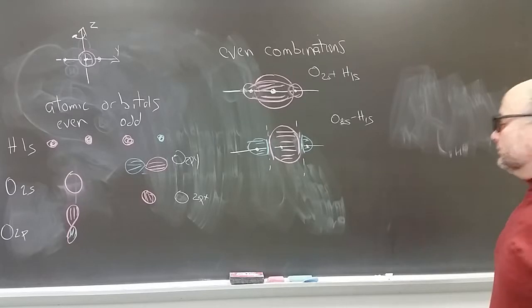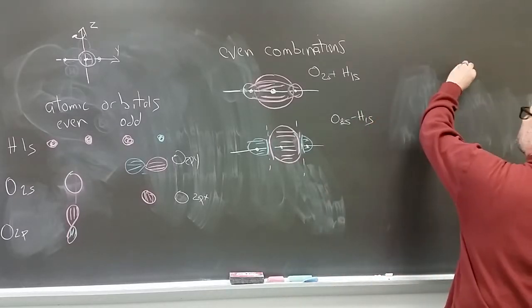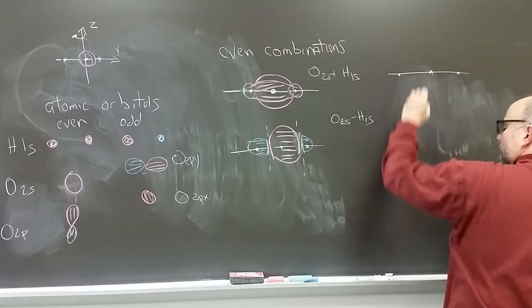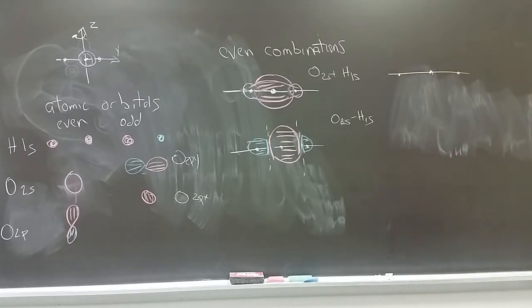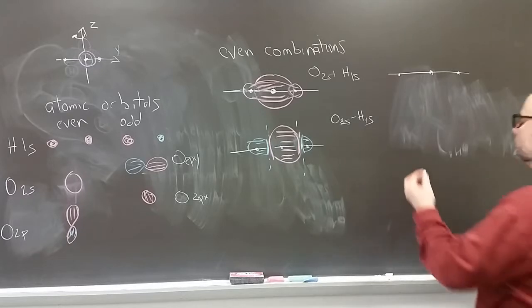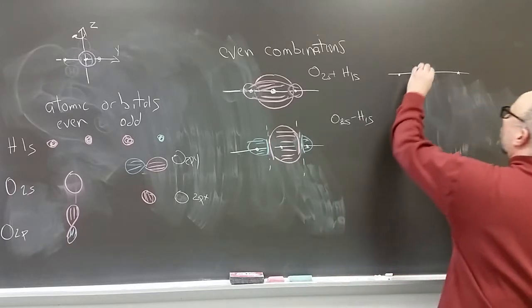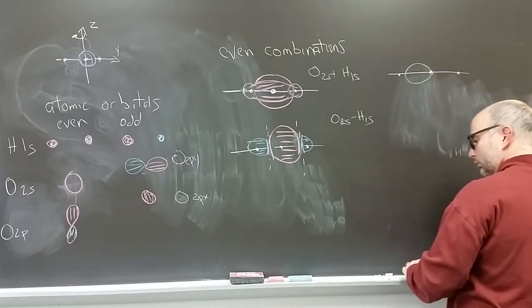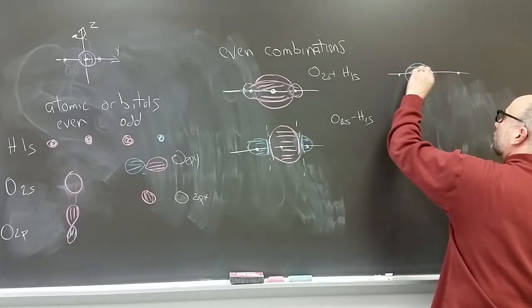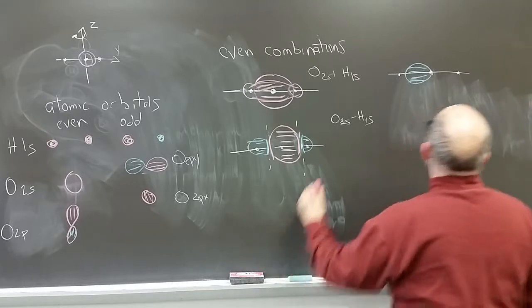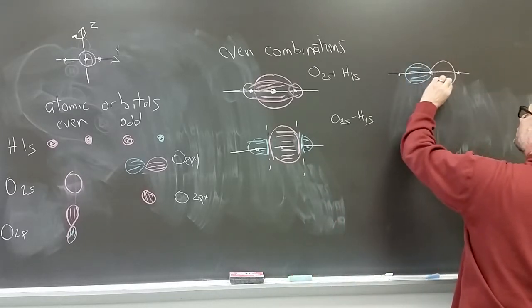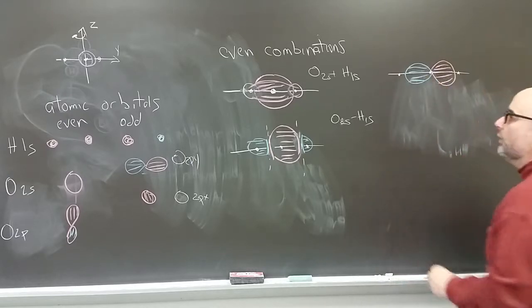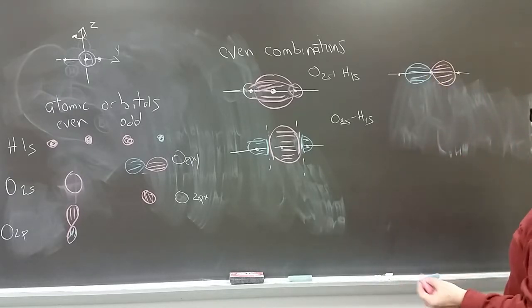Let's look at the odds now. So the odd combination would be, for example, the 2py, and then the odd hydrogen combination.